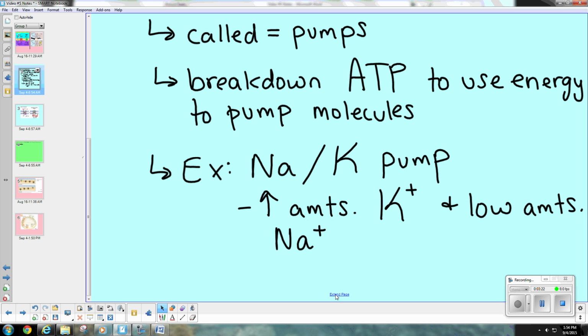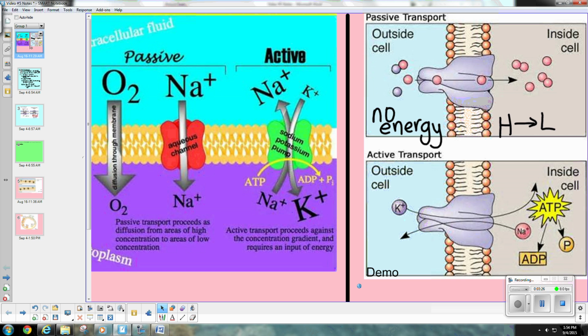Going back to the picture, it pumps out 3 sodium ions as it pumps in 2 potassium ions. It keeps doing this back and forth, pumping from low concentration to high concentration while using energy.